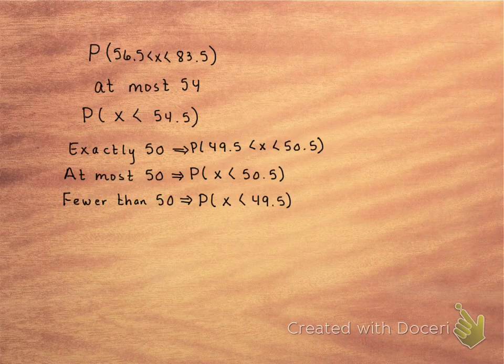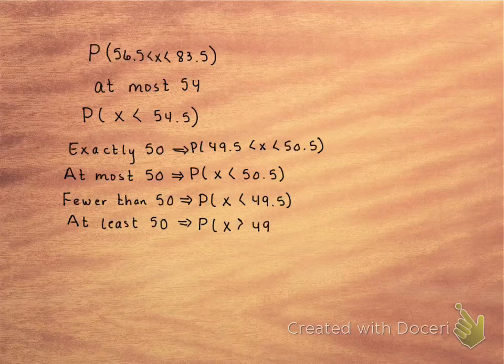Then if we've got at least 50, we are including 50 and of course everything greater than that. So if we're including the 50 and everything greater than that, we need to make sure that by including the 50, we start at 49.5.